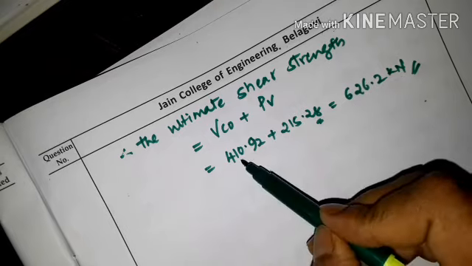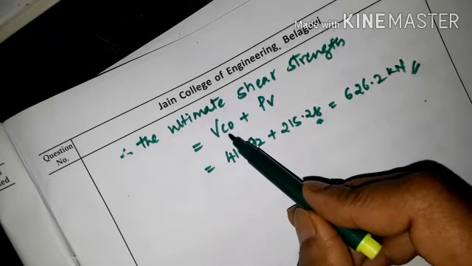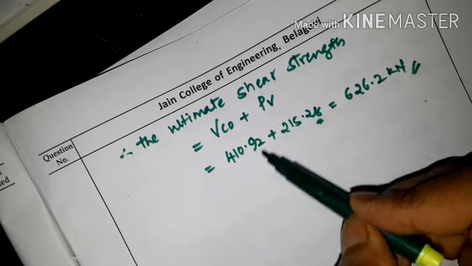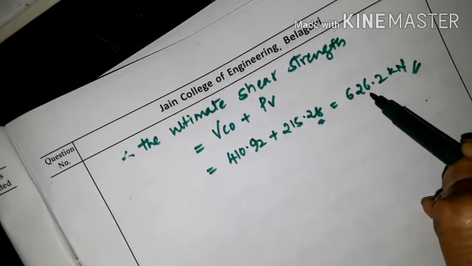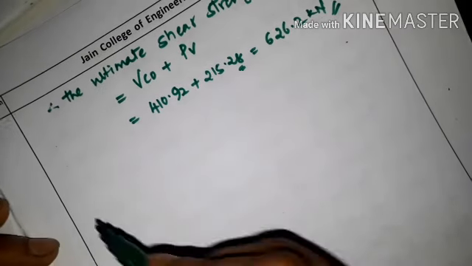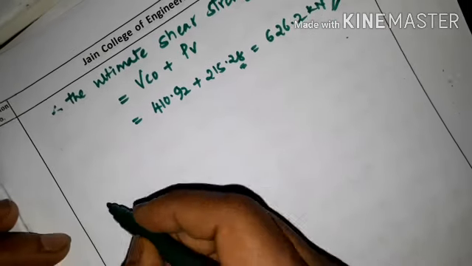So this is the shear resisted by the concrete and the shear resisted by the cable profile. In total we get the ultimate shear resistance of 626.2 kilonewton. Then the next one is ultimate load carrying capacity.